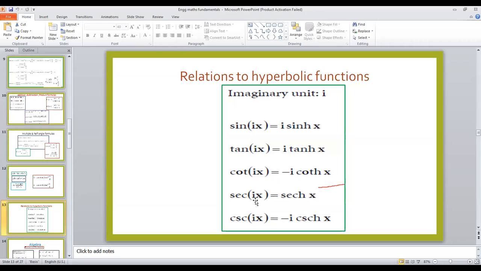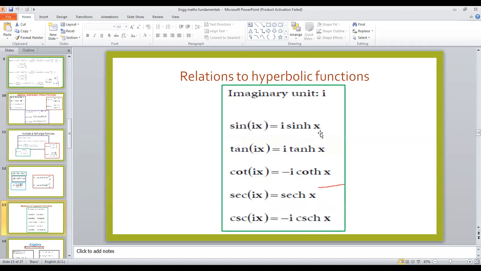So to get the meaning of 1 by i, it is minus i. Then sec ix. Sec means what? 1 by cos ix, and cos ix is cos hx. Actually this formula is not there, but keep in mind cos of ix is cos hx. So 1 by cos is sec hx. Now then cosec ix. Cosec means 1 by sin ix.